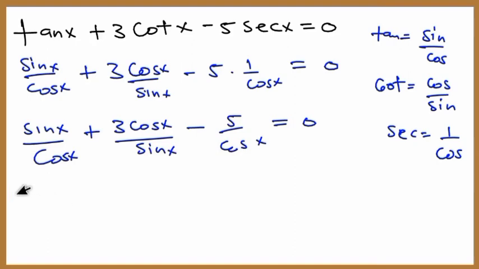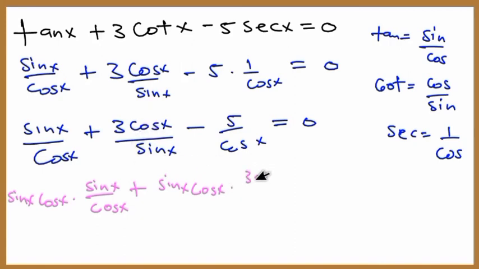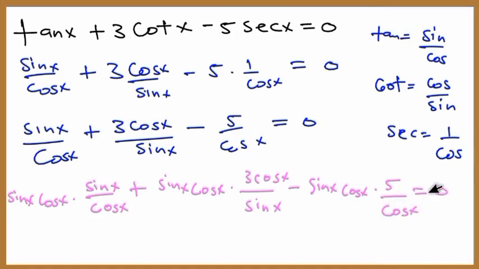So sin x cos x multiplying sin x divided by cos x, plus sin x cos x multiplying 3 cos x divided by sin x, minus sin x cos x multiplying 5 divided by cos x equals 0.